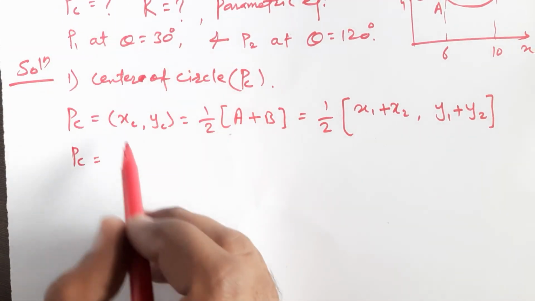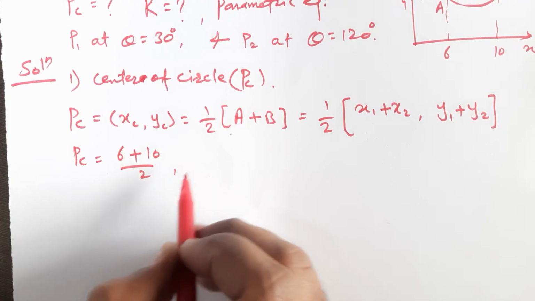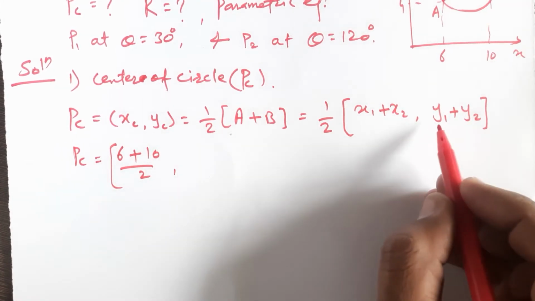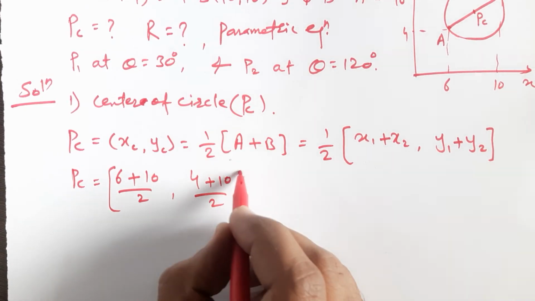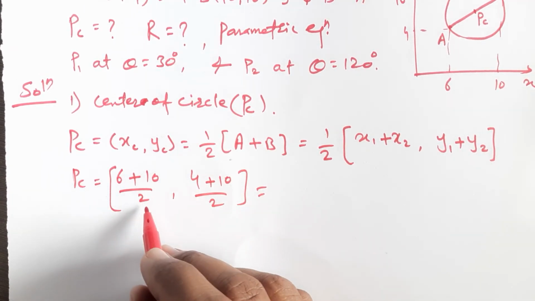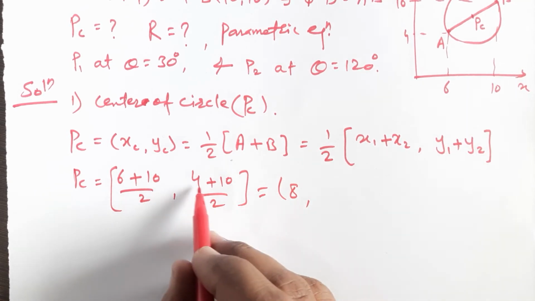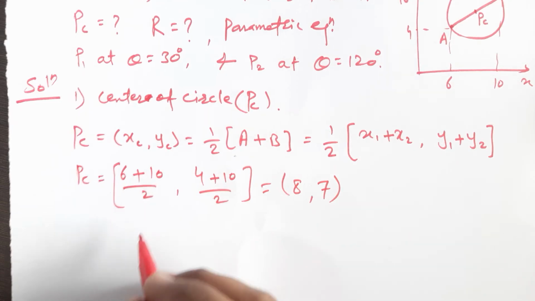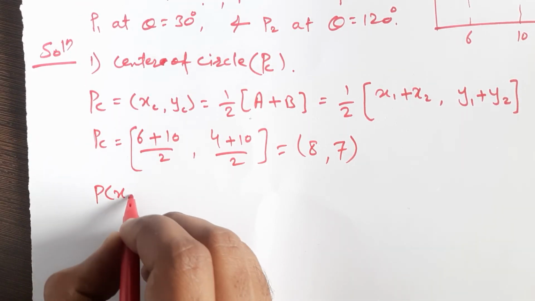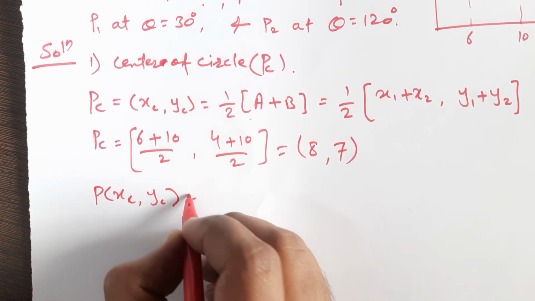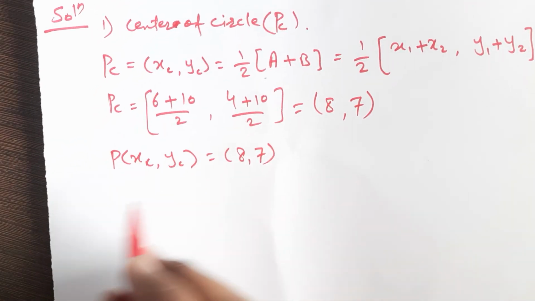Now x1 is 6 plus x2 is 10 divided by 2 comma, now y1 is 4 plus 10 divided by 2. Okay, so 16 by 2 is 8 comma, now 14 by 2 is 7. Okay, so the coordinates of PC, that is xc comma yc, is (8, 7). Okay, so in this way you have to find the center point.